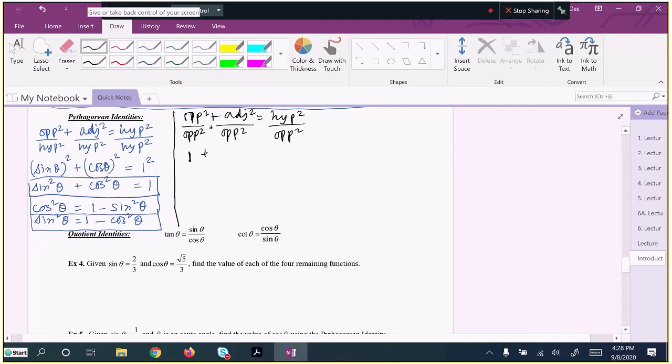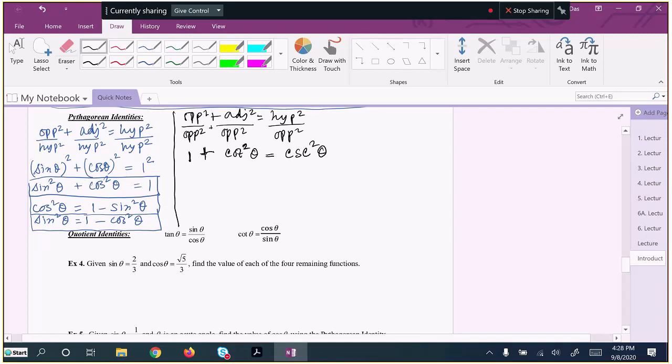And then I have adjacent over opposite. Remember, that is cotangent. So you get cotangent theta square. Instead, just write cotangent square theta. Hypotenuse over opposite is cosecant. So I get to write cosecant square theta. That is one different form of Pythagorean identity.